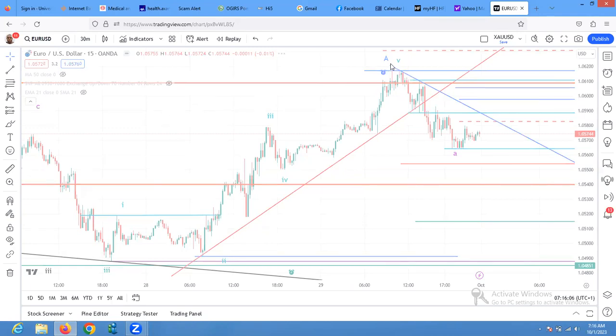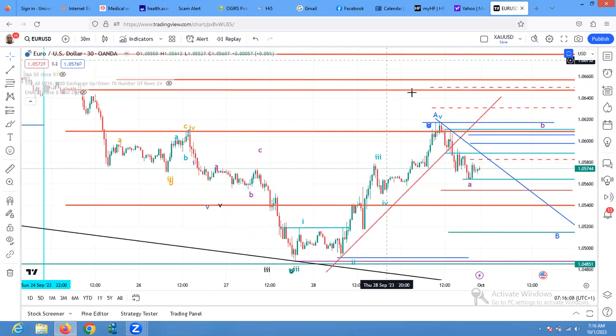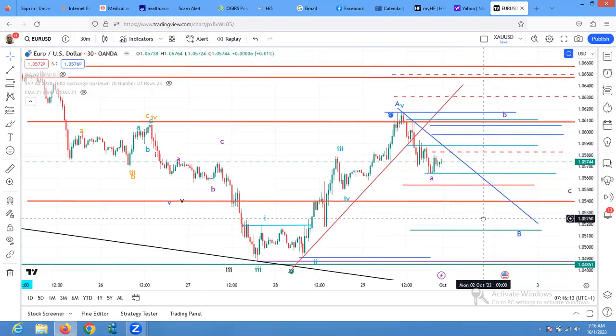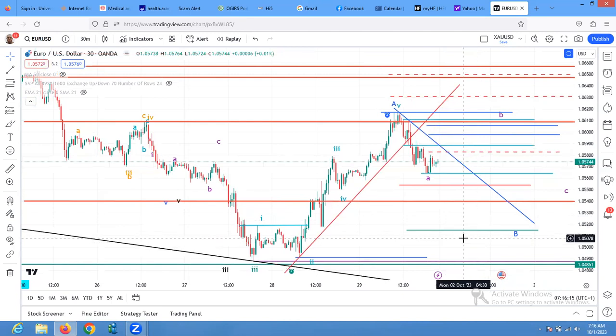if this has finished itself as an A, we are expecting a B. And a B in a zigzag, of course, will not go beyond 85 retracement of this entire run here. So we can have it from 50.